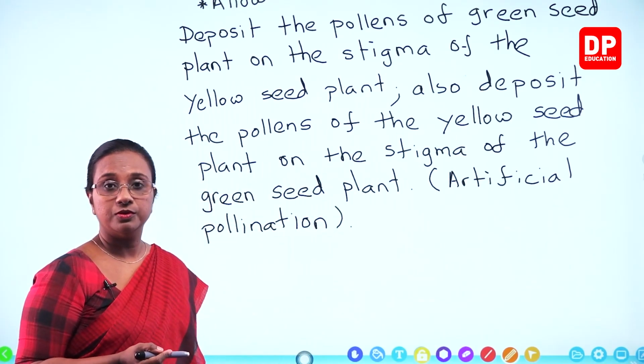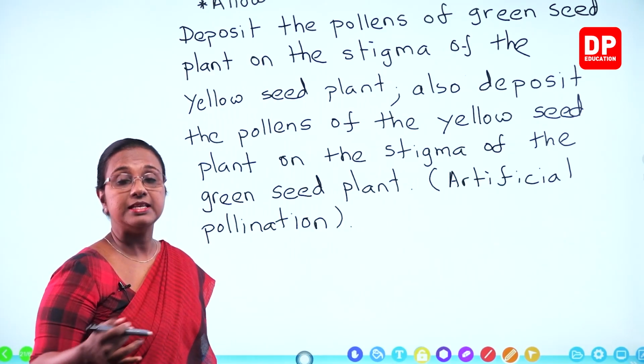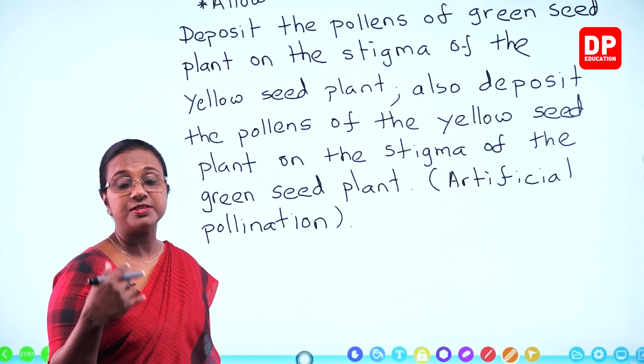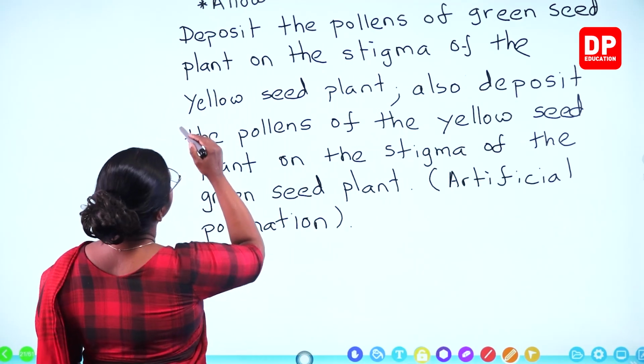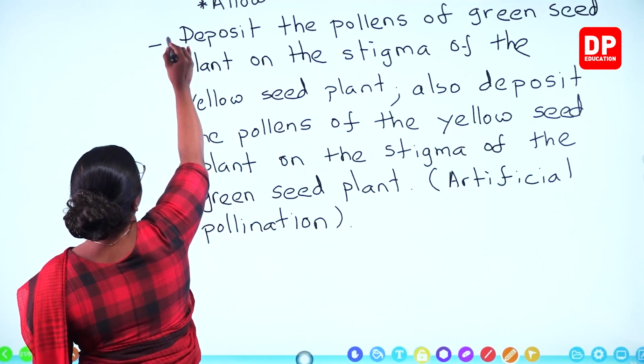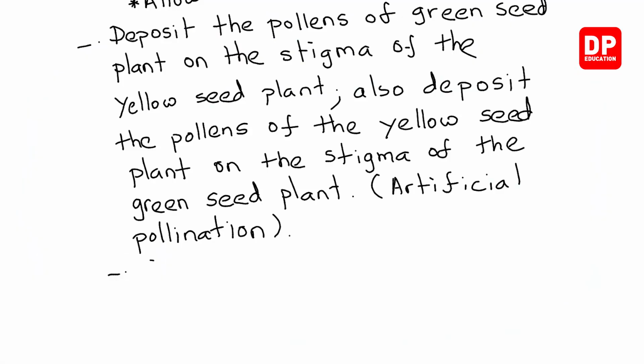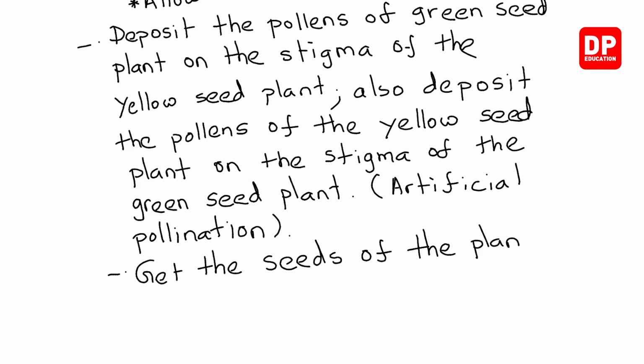Then what do? Then you have to get the seeds. Once fertilization takes place, you get the seeds. So here, this is the first step. Then the second step, get the seeds of the plants.